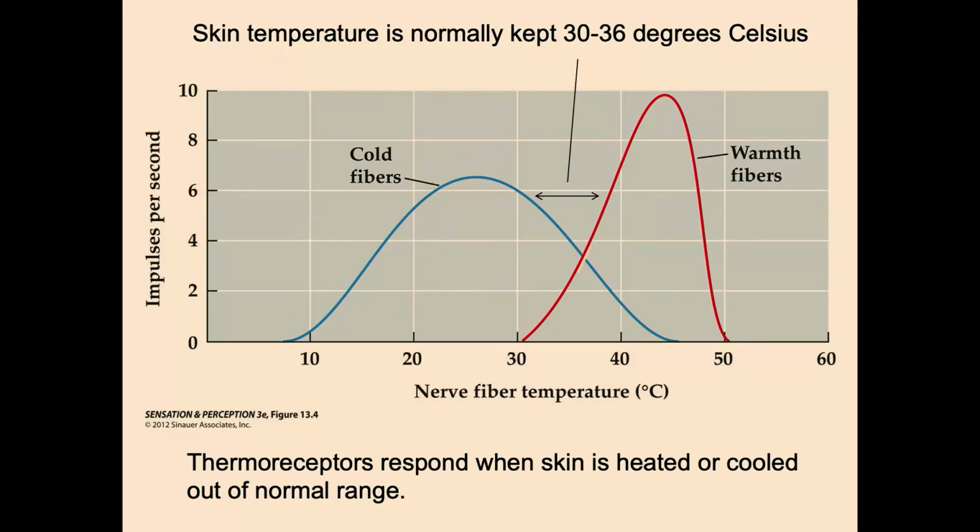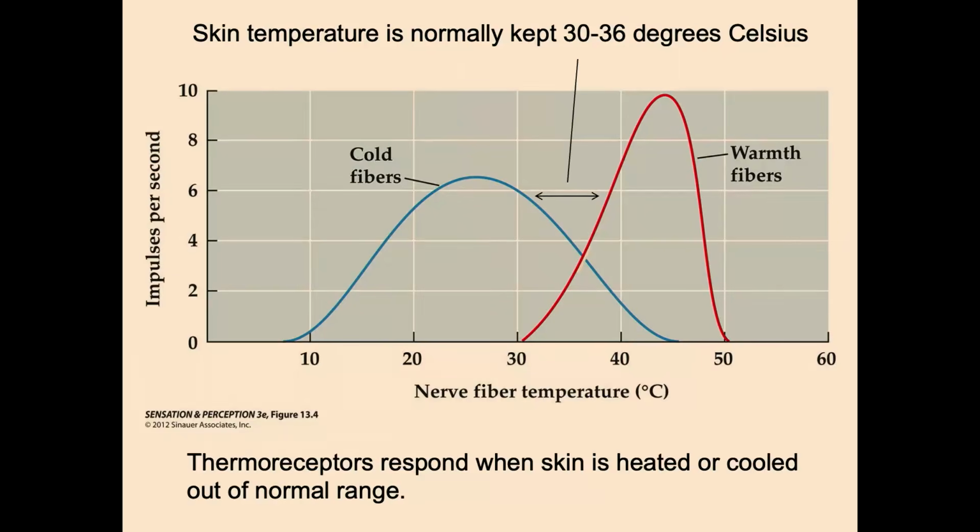Skin temperature is normally kept between 30 and 36 degrees Celsius, so it's regulated pretty tightly. The cold fibers start to respond if you encounter something significantly colder than your skin temperature. The warm fibers respond when you encounter something significantly warmer, telling you when the skin gets heated or cooled out of normal range. That is, of course, part of material perception. It's also a safety mechanism so that you don't burn yourself or freeze yourself, and so forth.